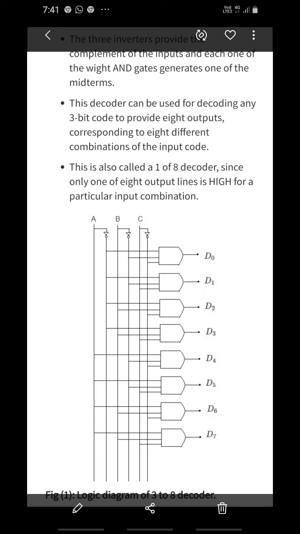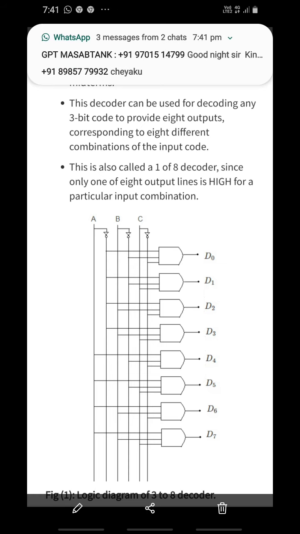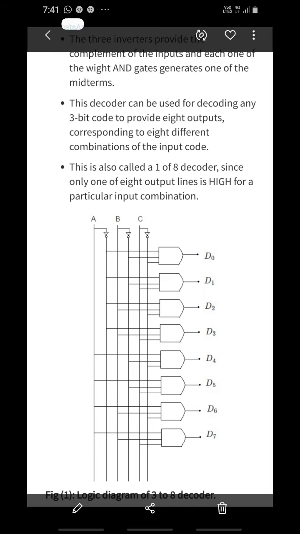Take A bar, B bar, C bar and draw the AND gate for D0. D1 is equal to A bar, B bar, C. So take A bar, B bar, C and draw the D1 output.